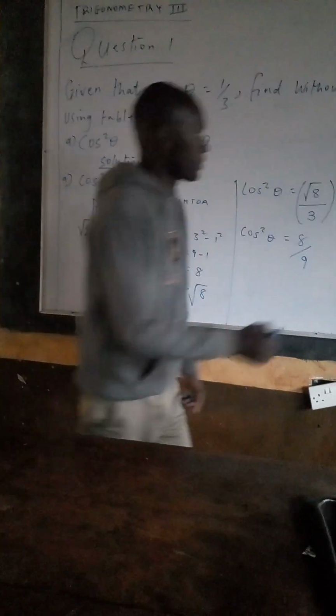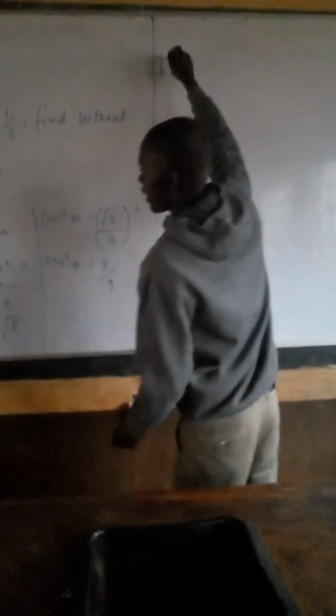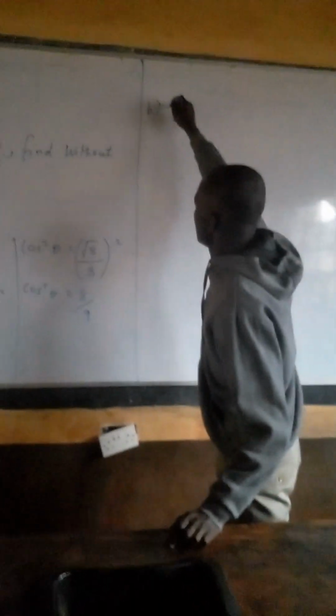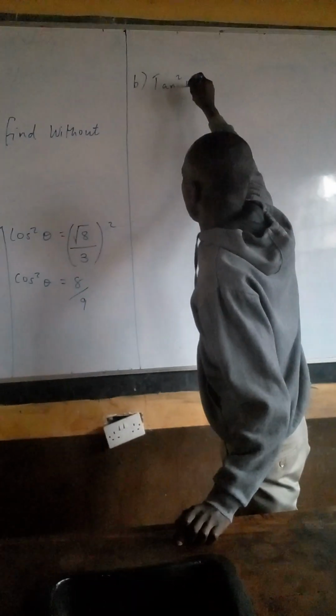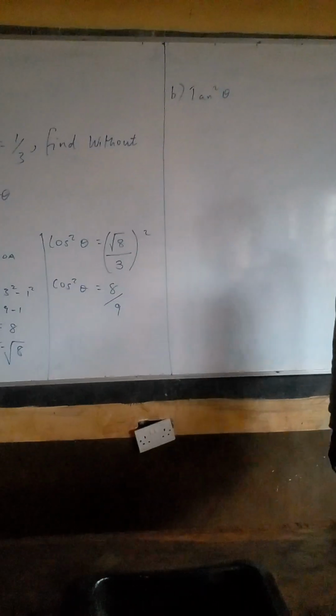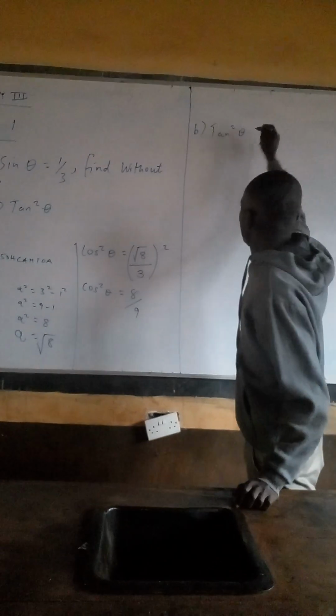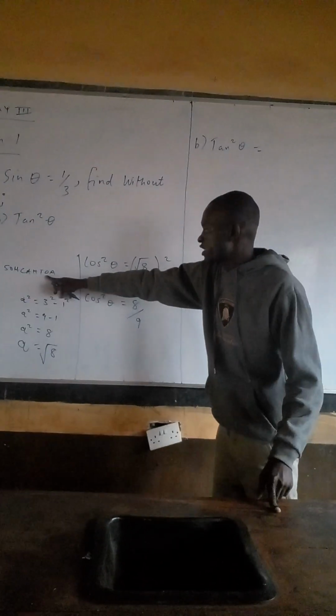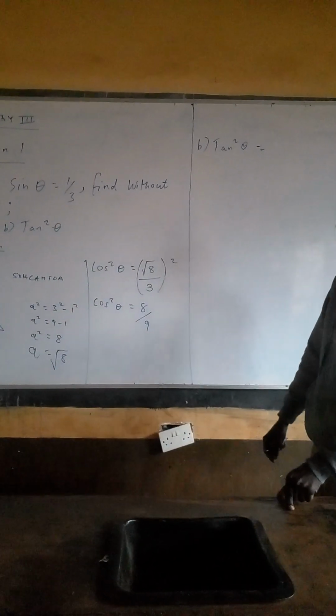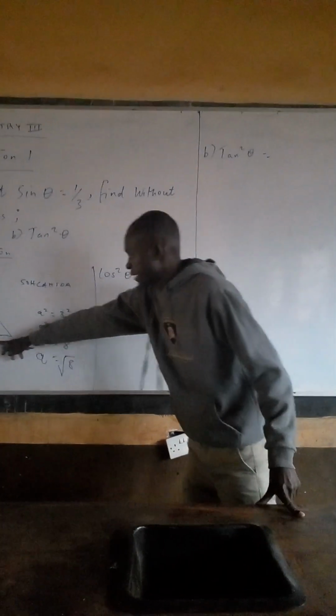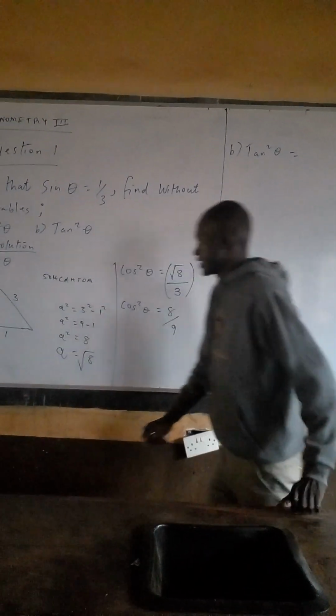Then we go to part B, which says tan squared theta. Tan squared theta is obtained from tan theta, which is the same as opposite over adjacent. For this case, the opposite is this side, and that one becomes the adjacent.